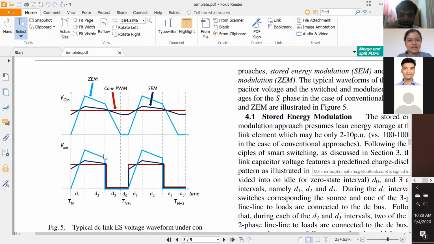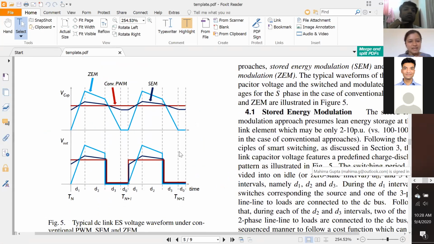Yes, we can. So I can summarize a little bit. The zero unit energy storage is highlighted in this blue waveform shown here in the paper. We see a capacitor charge, then a second discharge, and then a third discharge. This example represents a DC to three-phase AC system.